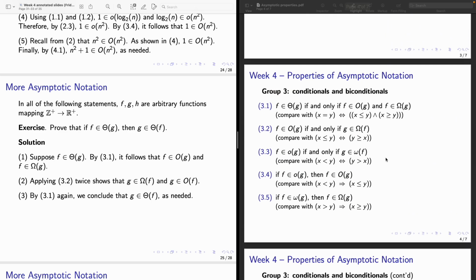So we start by assuming that f is in big theta of g. Because of that good old inequality rule, we now know that f is in big O of g and in big omega of g. And then we can do the thing that's equivalent to reversing the inequalities.